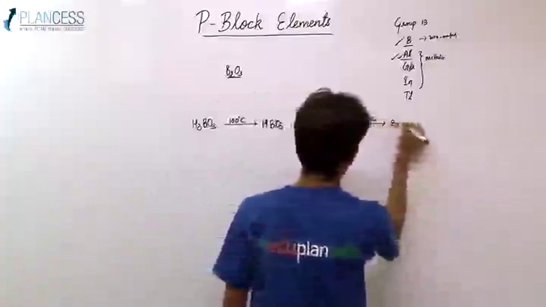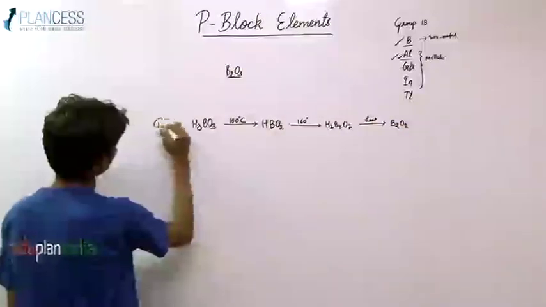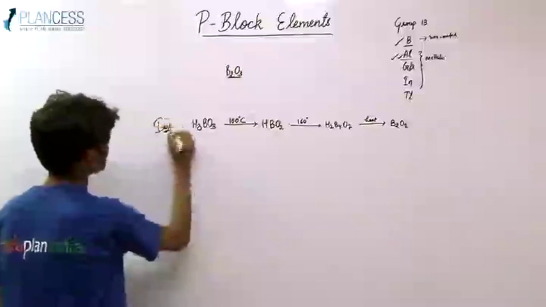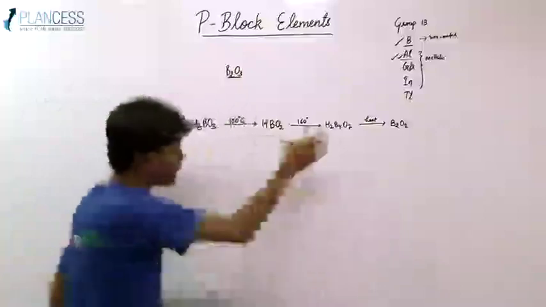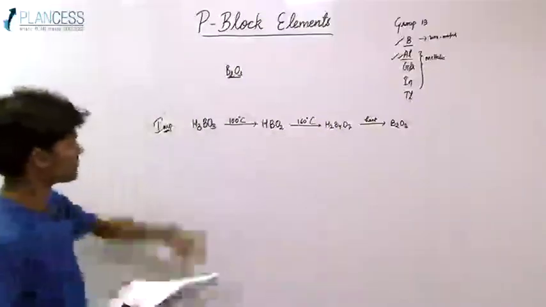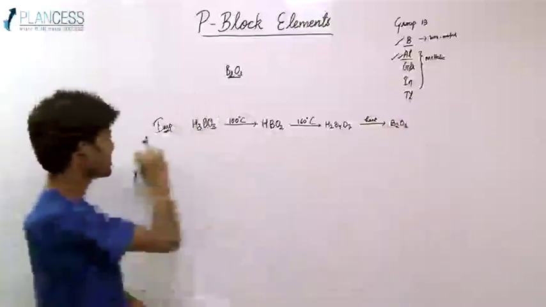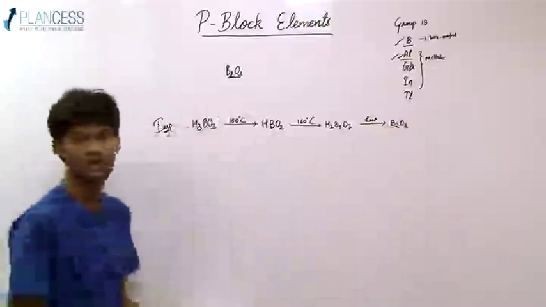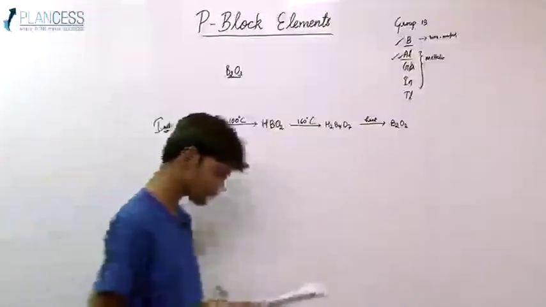So this is how boron trioxide is prepared. This reaction is important as far as JEE is concerned, because this is quite anomalous behavior: the product depends on the temperature at which the preparation is done. It is an important reaction for all the exams, the preparation of B2O3.